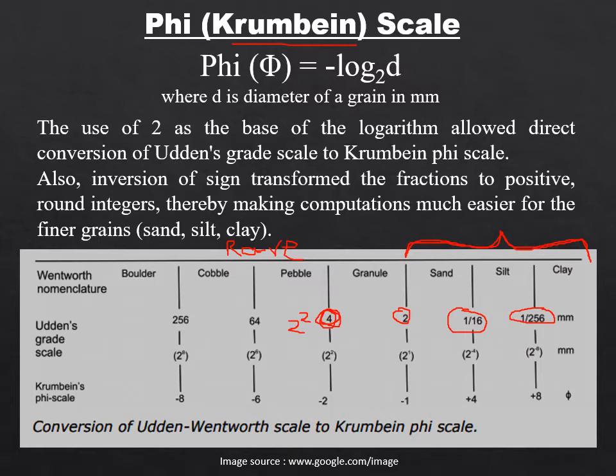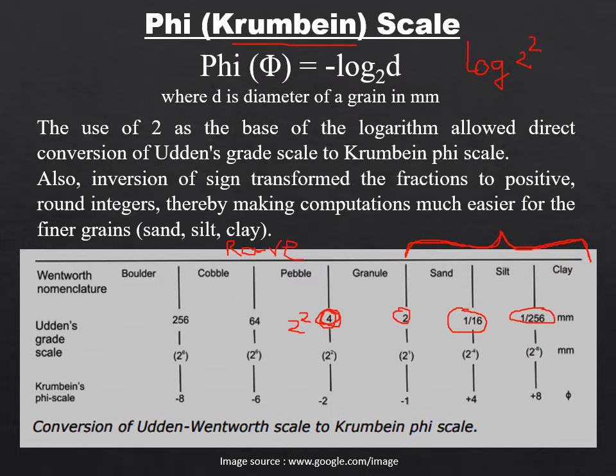Now in the phi scale, Krumbein proposed that the phi size, denoted as phi, is equal to the logarithmic value of the Udden-Wentworth grade scale. So we can write phi equal to this size class, 2 to the power 2.